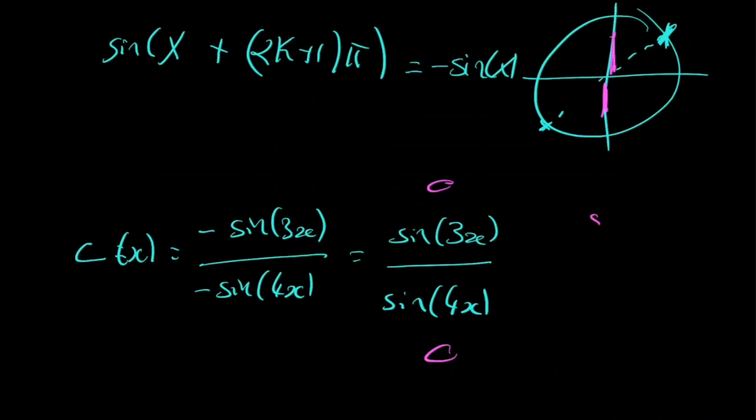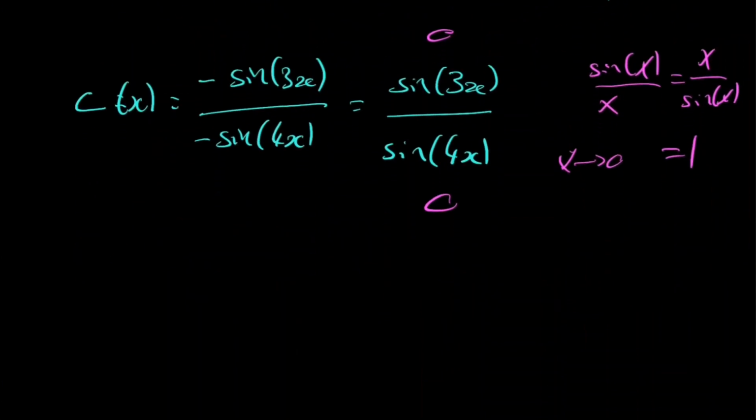We know that limit of sinus x over x is equal to the limit of x over sinus x when x tends to 0 is equal to 1. Okay, so now we want to make that kind of expressions appear. And we have to remember before dividing by x that we've got x which is different from 0, because we are taking the limit when x tends to 0. So x is not equal to 0.